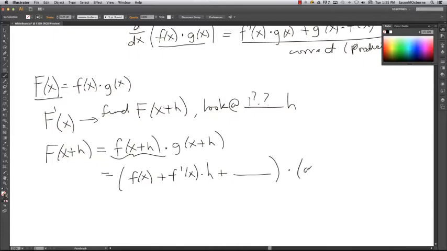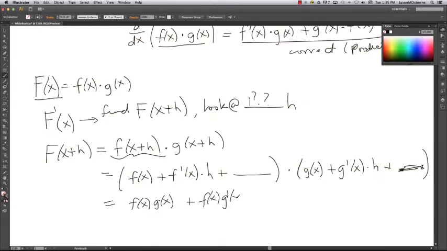g of x plus h is g of x plus g prime of x times h plus some other terms that we don't care about. So if you multiply this, f times g, you get f of x times g of x. You get f of x times g prime of x times h. You get f prime of x times g times h.